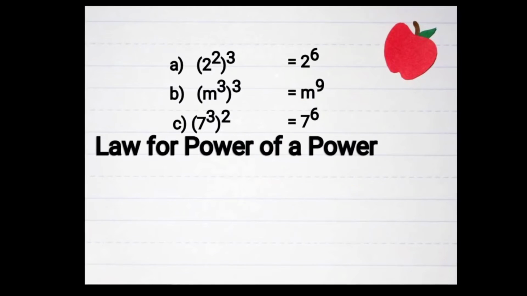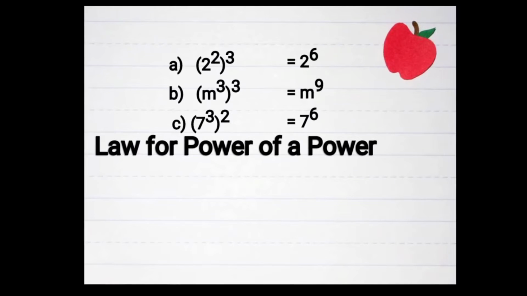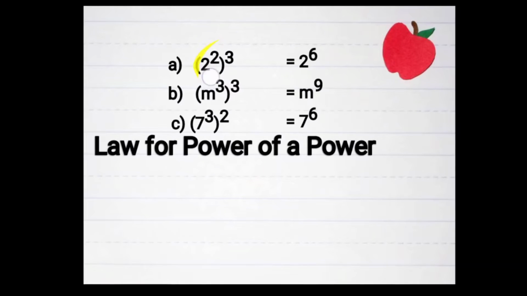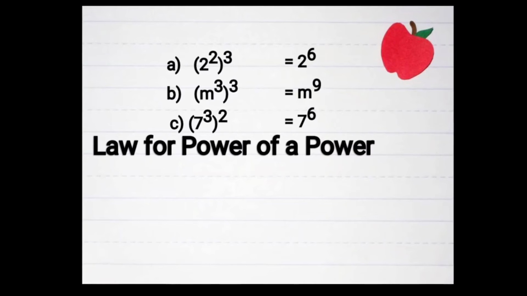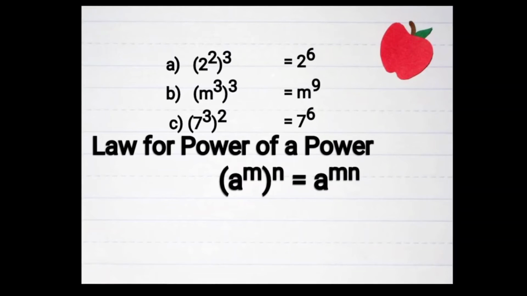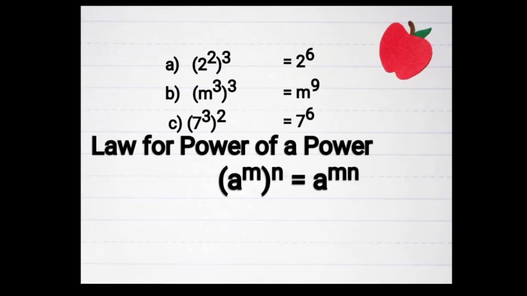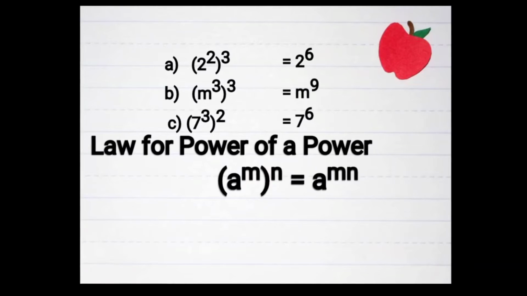Okay, so for our second law, we have the law for power of a power. Power of a power because we have an exponent inside the parentheses and an exponent outside the parentheses. That's why it is called power of a power. So in this case, for you to solve it, what you are going to do is multiply that outer power to the exponents inside the parentheses.